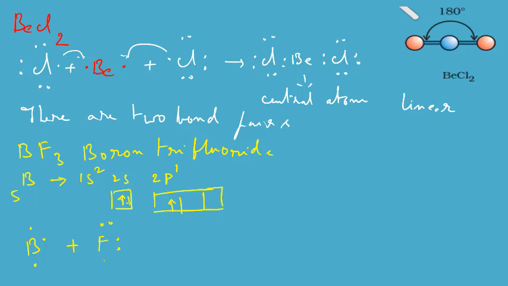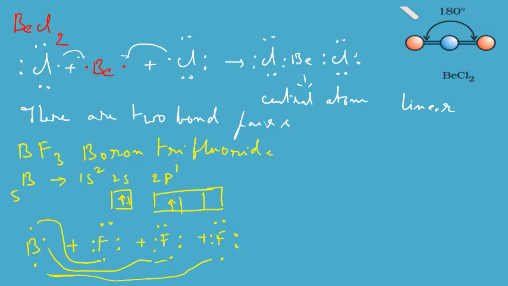Each fluorine has 7 electrons. So the boron electrons each pair with one electron from each fluorine.